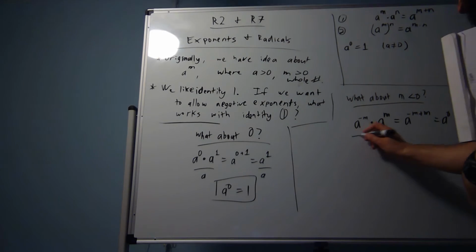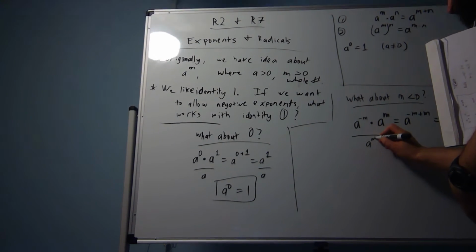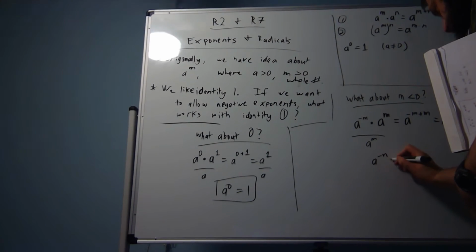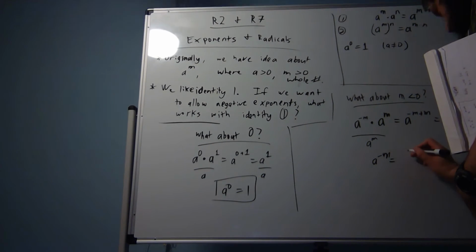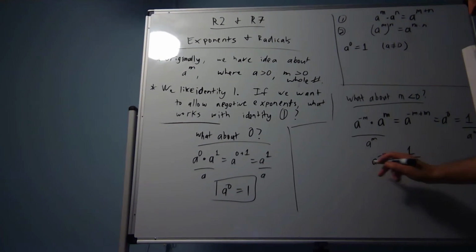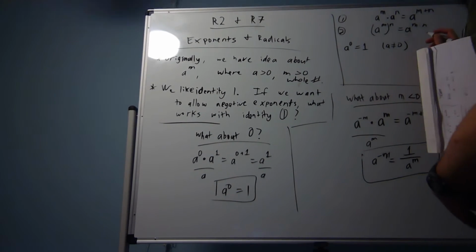Okay, so then if I divide both sides by a to the m, then a to the minus m must always be the reciprocal of a to the m. So that's kind of like a definition.